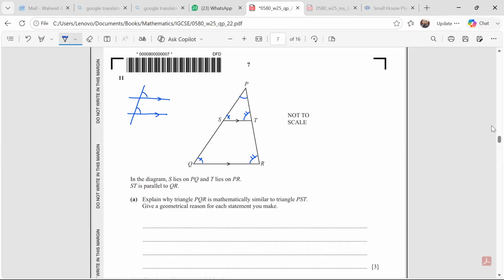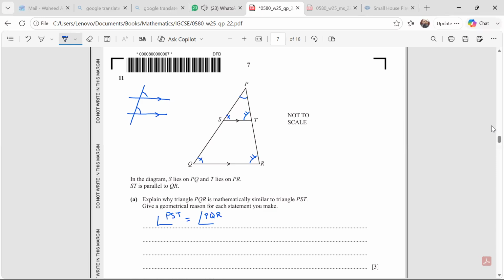If you want to write it down, then you have to explain why this angle, for example, let me write it down. Angle PST is equal to angle PQR, right?